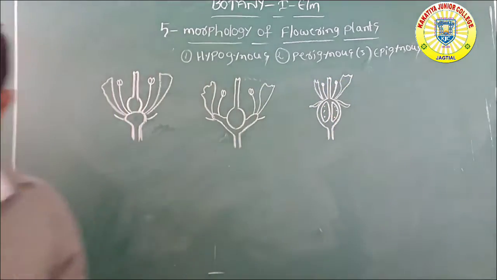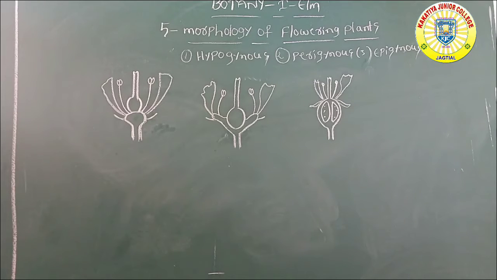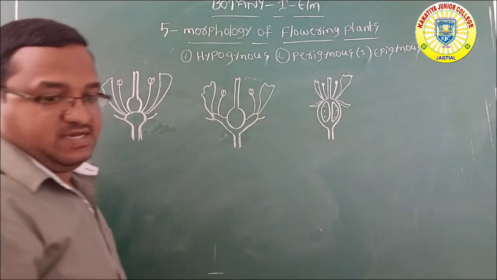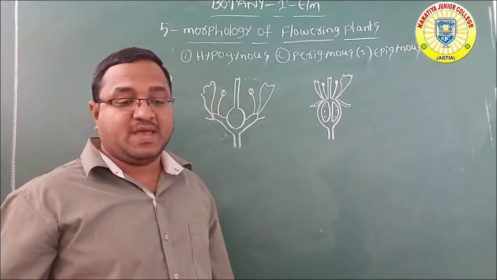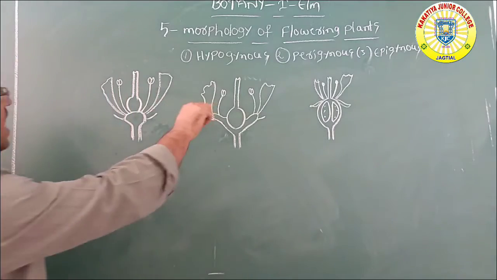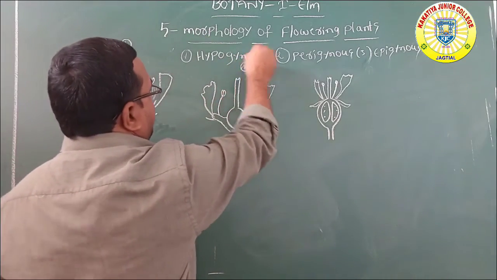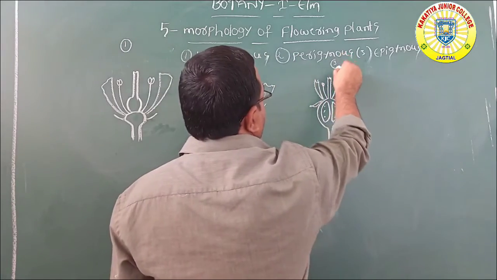These are the three diagrams which represent the hypogynous, perigynous and epigynous. Here you can see clearly: first one hypogynous, second one perigynous, third one epigynous.